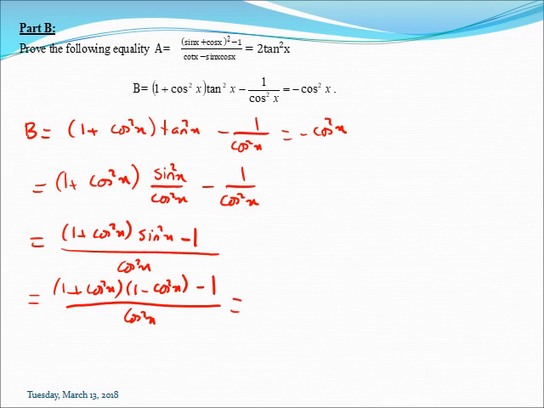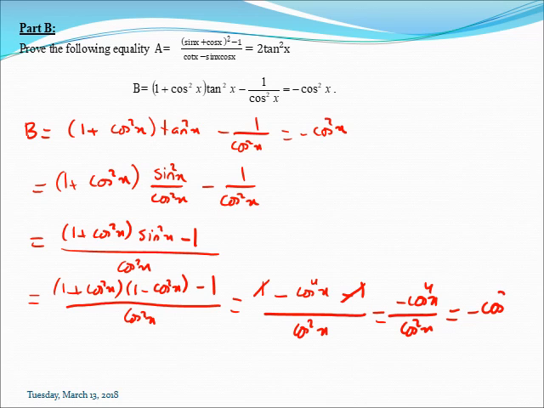It is in the form of a plus b and a minus b, equal to a square minus b square, equal to 1 minus cosine 4x minus 1 over cosine square x, equal to minus cosine 4 over cosine square x. Simplify: minus cosine square x.